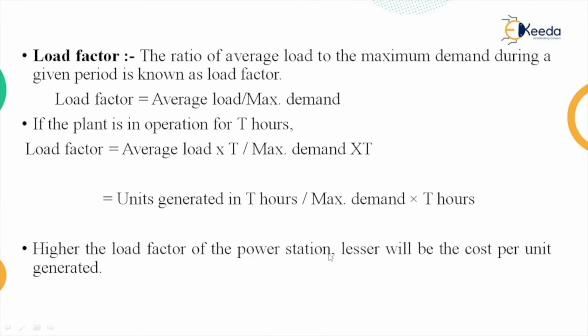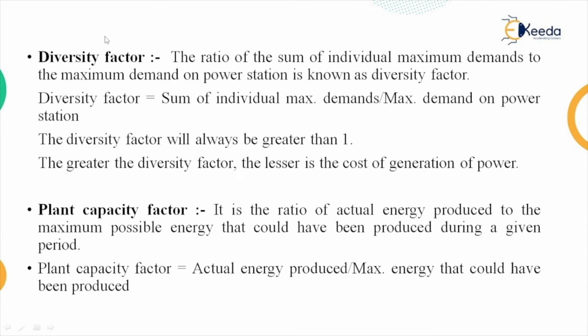Then next is the diversity factor. The ratio of the sum of individual maximum demands to the maximum demand on the power plant is known as diversity factor. Let us say there are 10 consumers who require electricity from the generating plant.